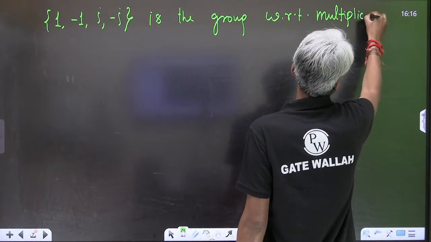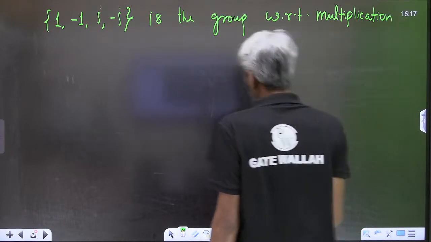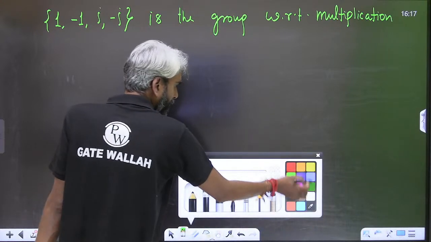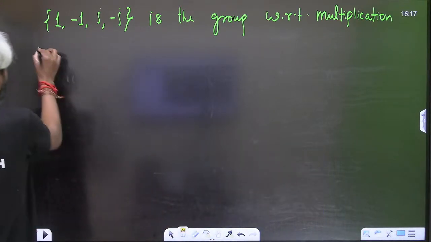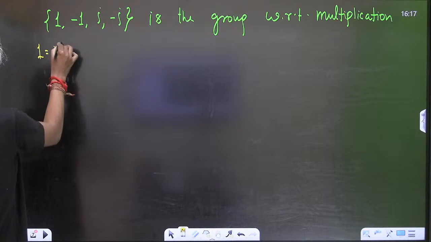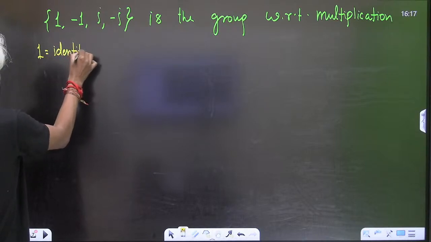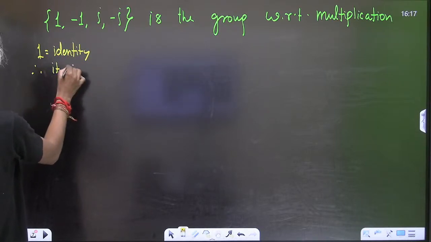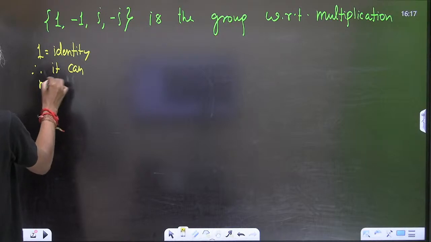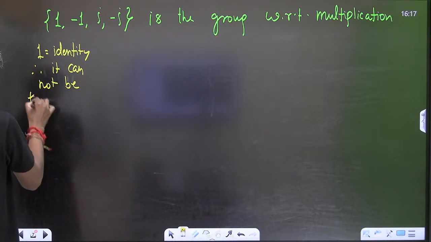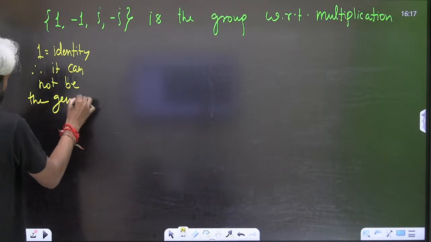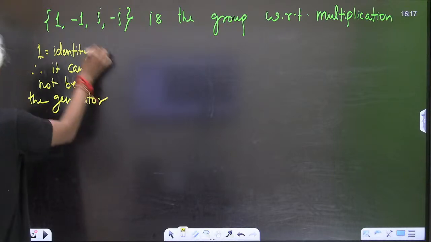Is it also a cyclic group? Let's check. So 1 is the identity element, therefore it cannot be the generator, cannot generate any other element except itself.